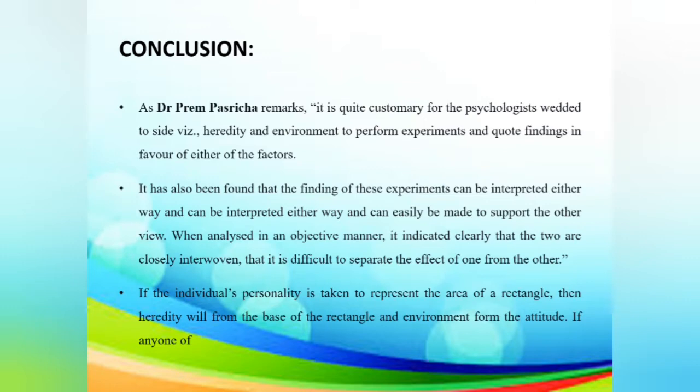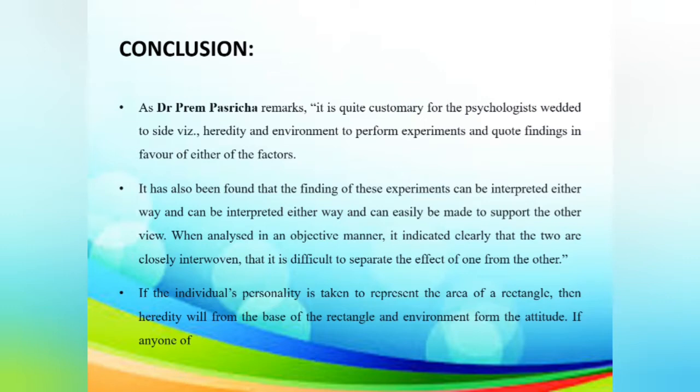It has also been found that the findings of these experiments can be interpreted either way and can easily be made to support the other view. So when analyzed in an objective manner, it is clear that the two are closely interwoven, so that it is difficult to separate the effect of one from the other.